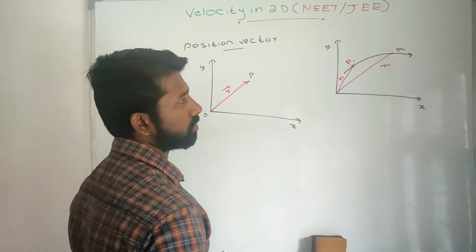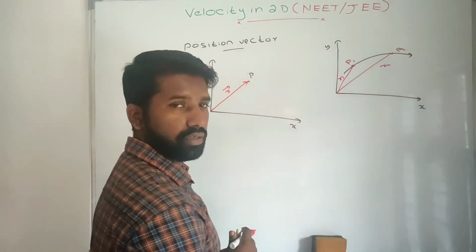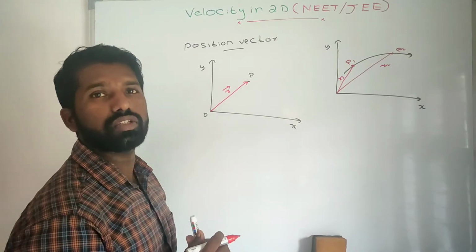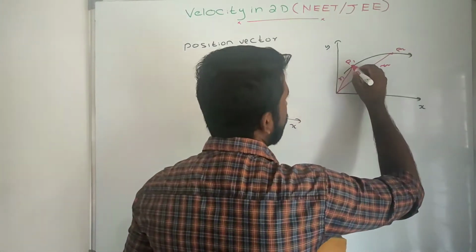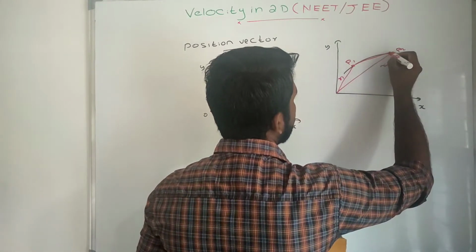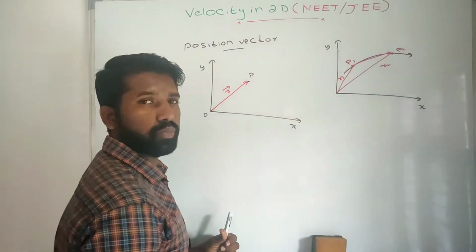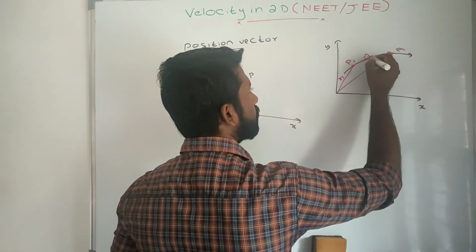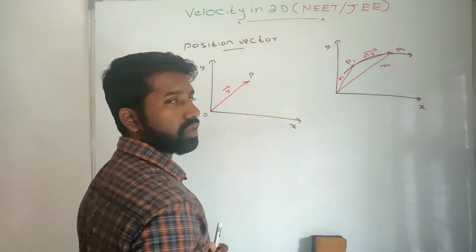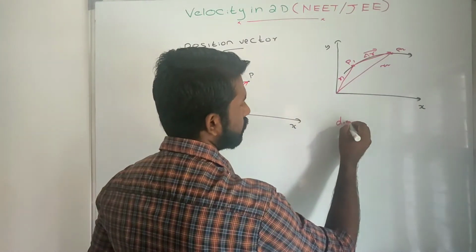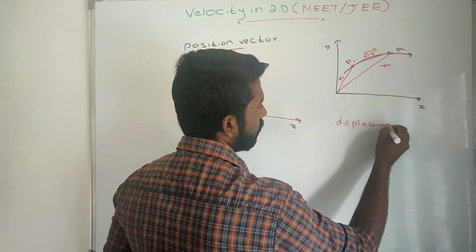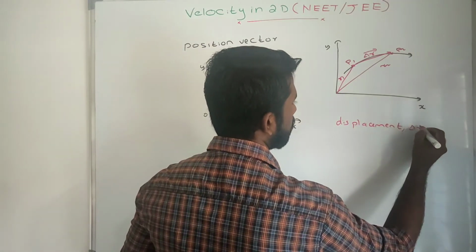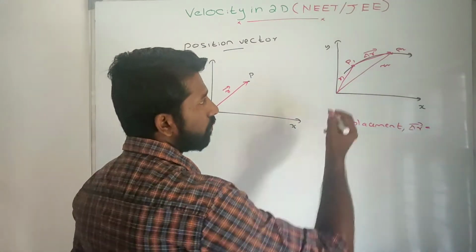We will see the displacement. Displacement is always the shortest distance between the initial and final position. So, if we draw a straight line from the initial point to the final point, that is the displacement. Here, we will consider the displacement vector. So, displacement delta R is equal to, we have to find it.